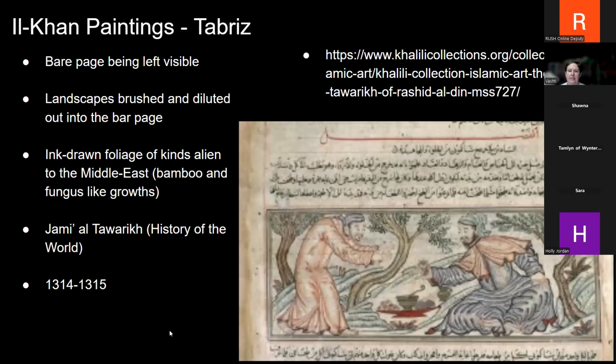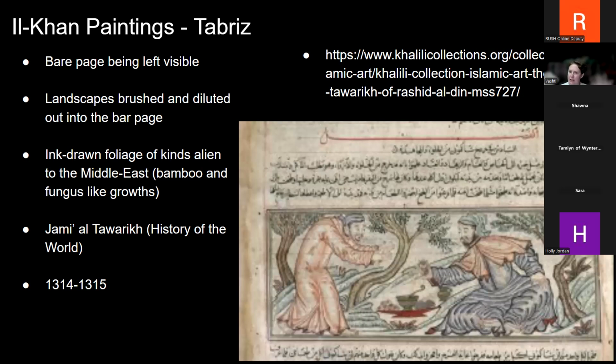So looking at Tabriz, we frequently have this very light style. This is early Tabriz artwork. We'll get into a little bit later stuff gets a lot of influence from Shiraz, and we'll see that change here in a minute. But the early stuff has lots of the bare page still visible behind the painting. We get landscapes that are brushed and diluted, and sometimes they actually extend beyond the boundary box.